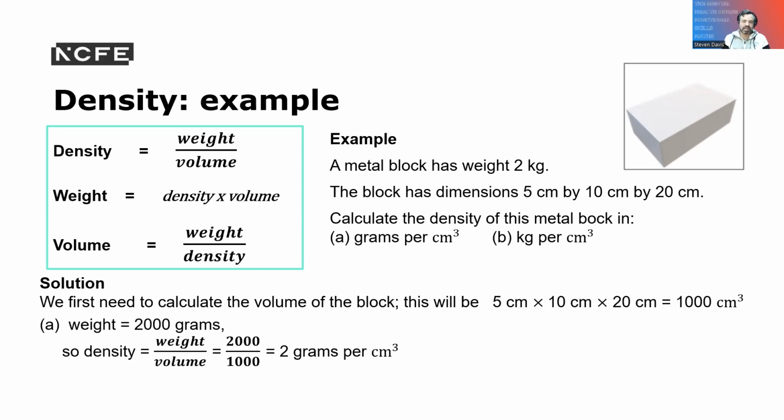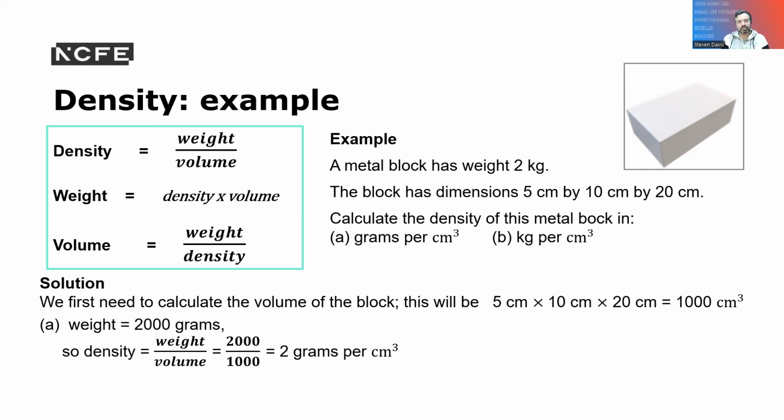So the weight then is 2,000 grams, because 1,000 grams is 1 kilogram, so 2,000 grams. Good. So the density, it's the weight divided by the volume.